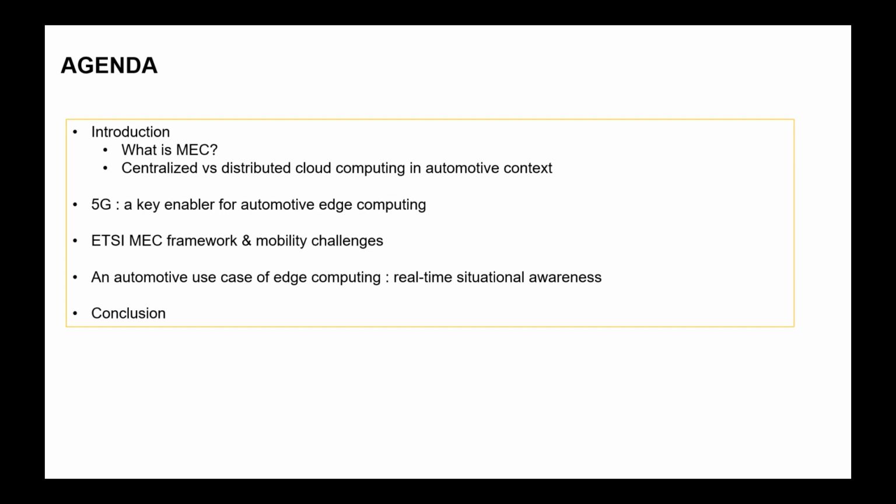Secondly, I will describe what has been standardized at ETSI level and what is still under discussion and needs to be standardized to make a solid framework for edge computing for automotive. Then I will take a simple example to illustrate what I have explained, and make a short conclusion. I hope you are fine with this agenda.